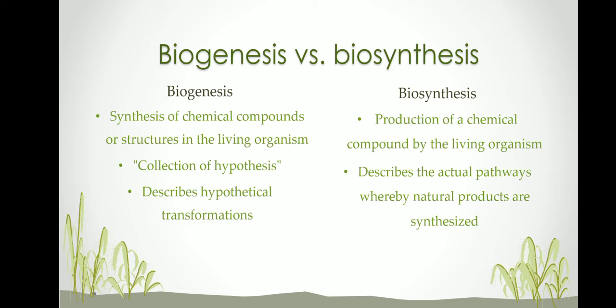And by biosynthesis or biosynthetic pathway studies, we can identify the individual steps which are involved in the synthesis. That is, usually alkaloids are produced from amino acids. So, aromatic amino acids, for example, tropane alkaloids are produced from ornithine. So, how the ornithine is converted into atropine by various steps can be studied by biosynthetic pathways.